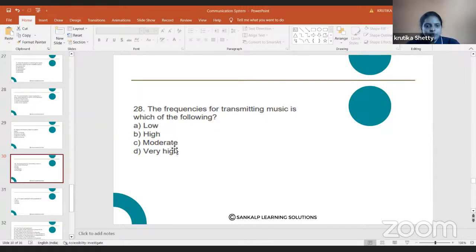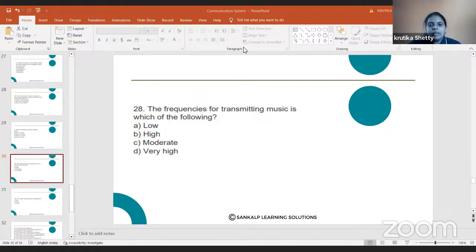Then the next question, the frequencies for transmitting music is which of the following? Low frequency, high frequency, moderate frequency, very high frequency. Akash says moderate.